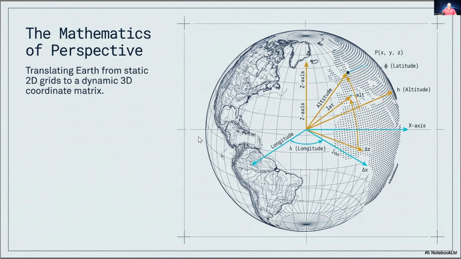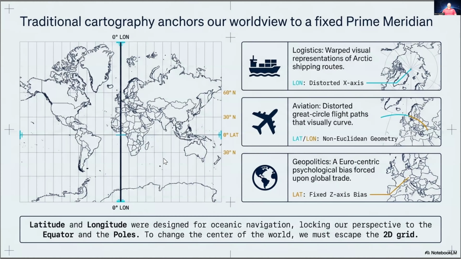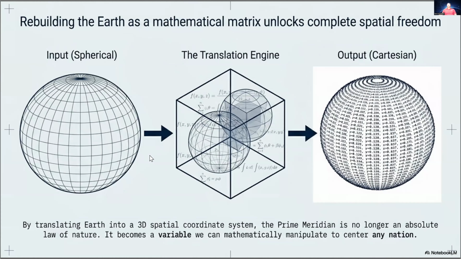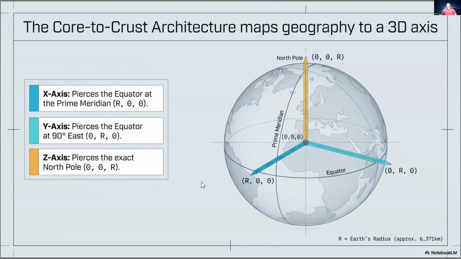Simply we can explain the mathematics. Let me see. Wow. So here we have prime meridian, where x equals r.